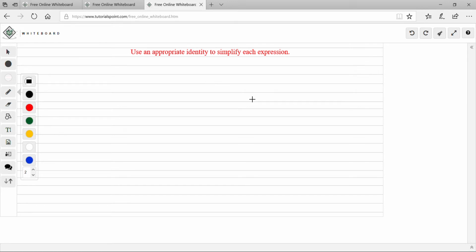So that's like saying cosine of pi half minus our u, which is 5 pi over 12.